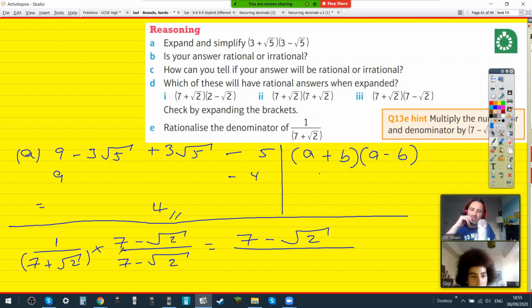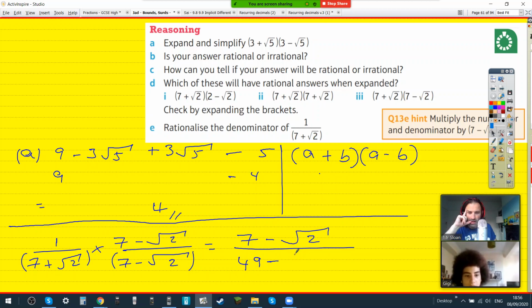So that's times 7. They're times each other as well. I'm not sure. 7 times 7? 14. 49. And what is root 2 times minus root 2?